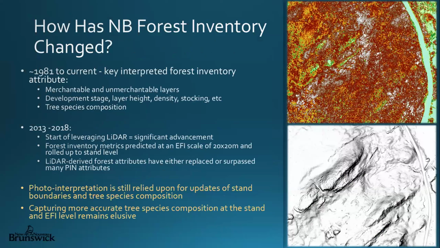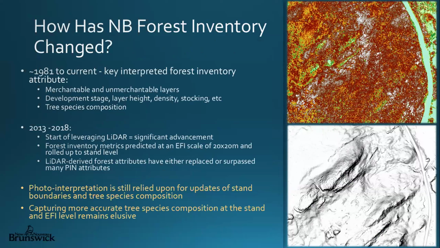How generally has our forest inventory changed over the years? Yeah, so starting in the early 1980s, and even to this point, we've always identified a merchantable and unmerchantable layer, the traditional attributes of your development stage, crown closure, and your tree species composition, and there's many others.